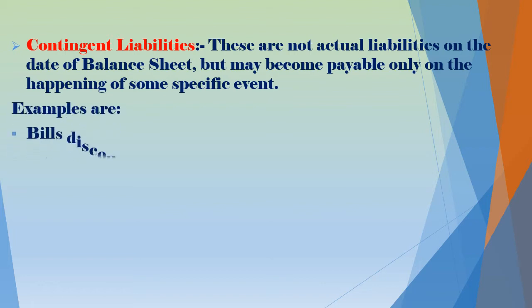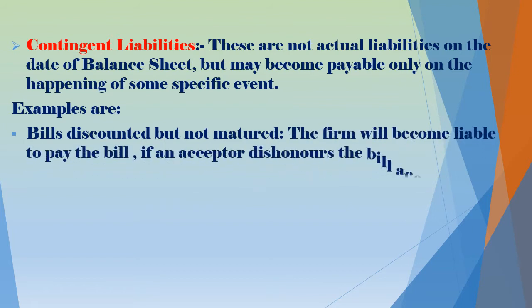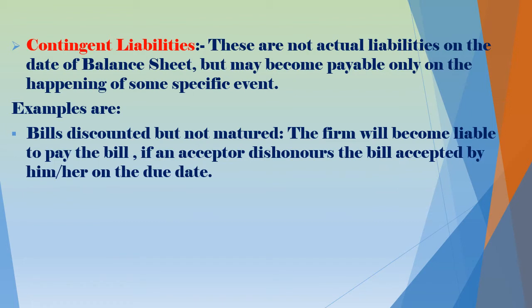Examples are bills discounted but not matured. The firm will become liable to pay the bill if an acceptor dishonors the bill accepted by him or her on the due date. So the bill we are talking about is the bill of exchange.